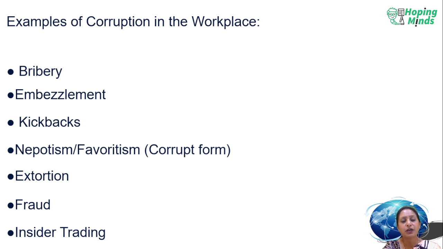Then we have fraud. We talked about how fraud can be of various kinds. Fraud can be of papers, fraud can be in finances, and not to say that any kind of fraud is good or legal. Any kind of fraud, whether it is very simple like sharing a number or sharing information, or falsely sharing some data, falsely sharing some information, or tricking somebody, is not a good thing.